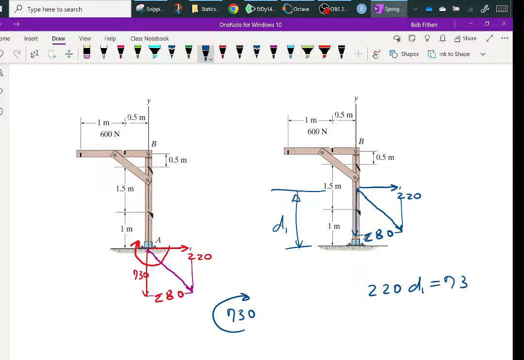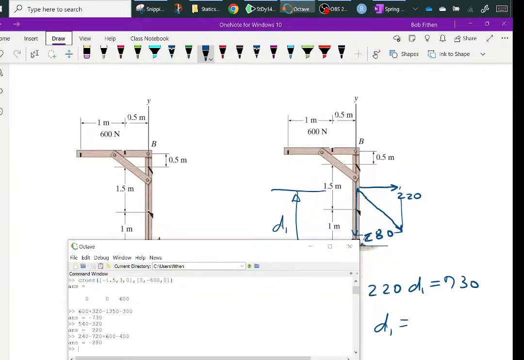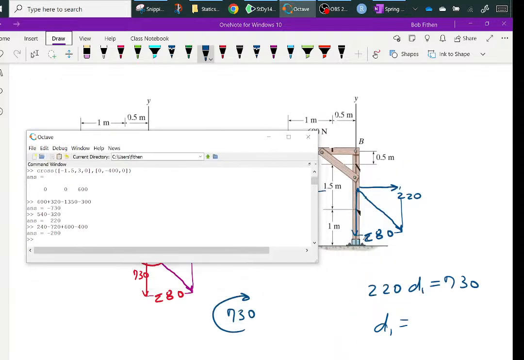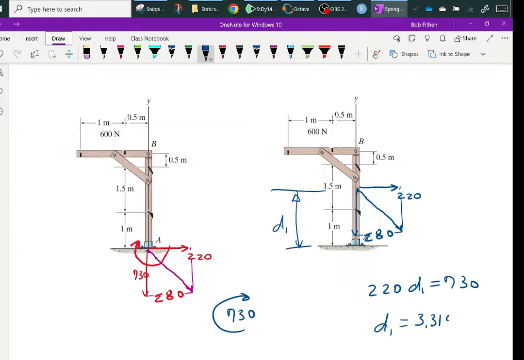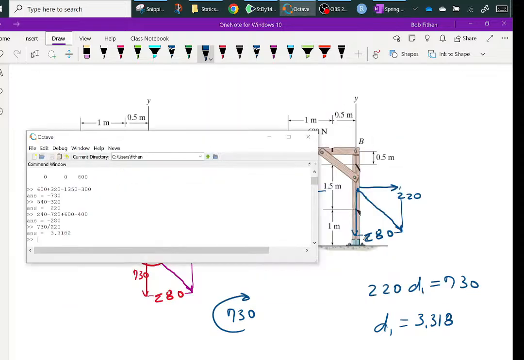This force going down doesn't produce a moment, because it's still going straight through it. The one going to the right starts producing a moment. So I'm taking 730 divided by 220, and I have to move it 3.18.